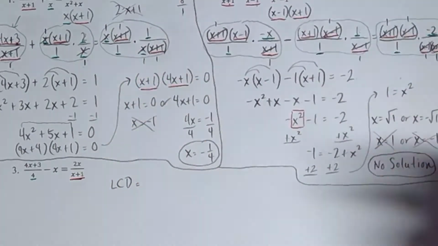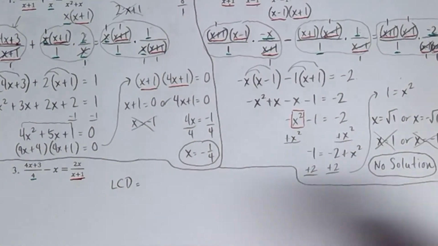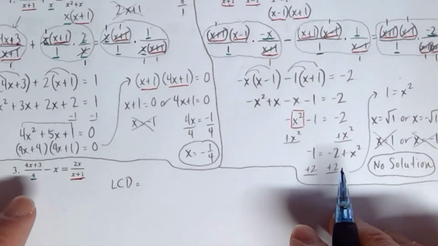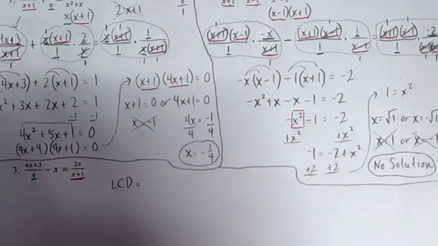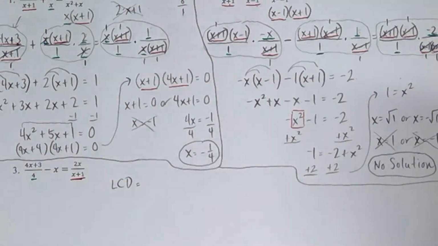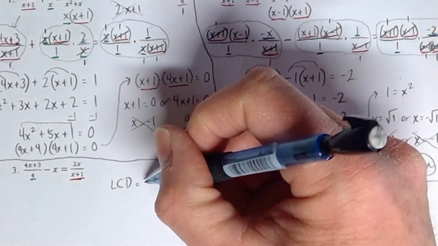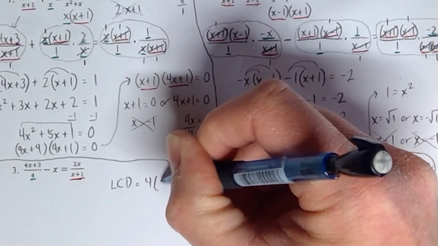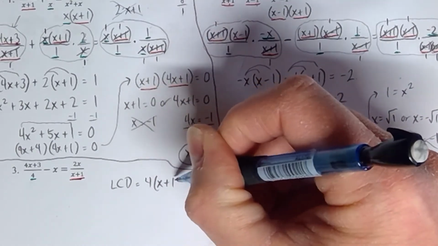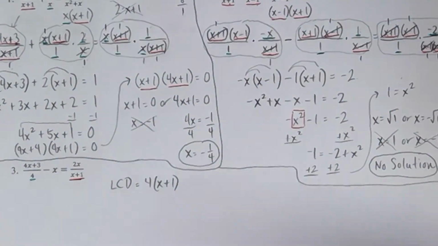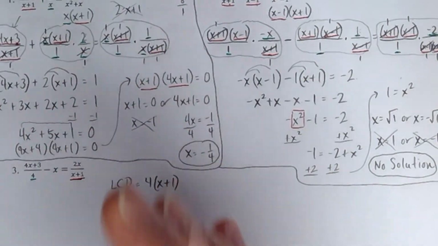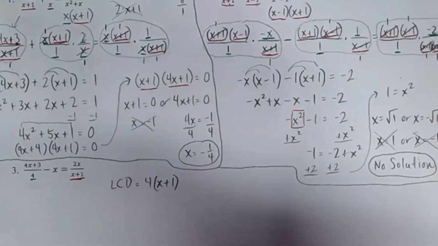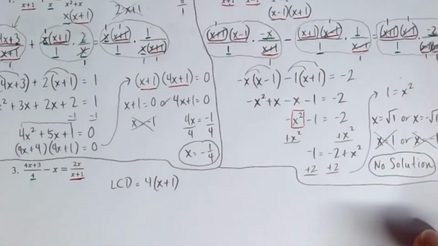Just to make it simple, without going through the whole LCD process here, let me just tell you right now, if you only have one green one and one red one, and that's all you've got, I guarantee you the LCD is just going to be those two things together. Okay, no use in going through the whole process of figuring it out.